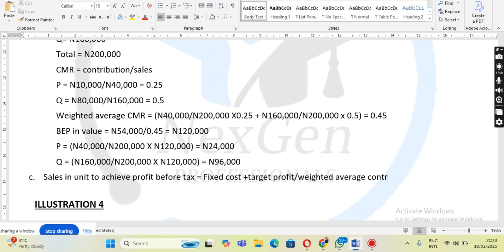Do you know why you divide by contribution per unit? Because you want to determine the units.